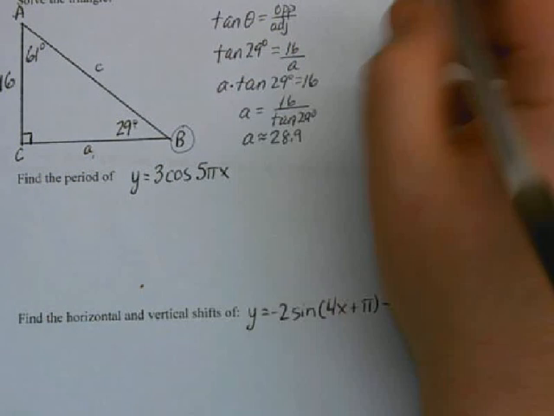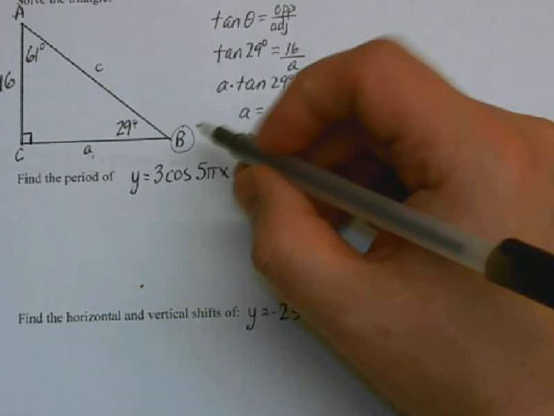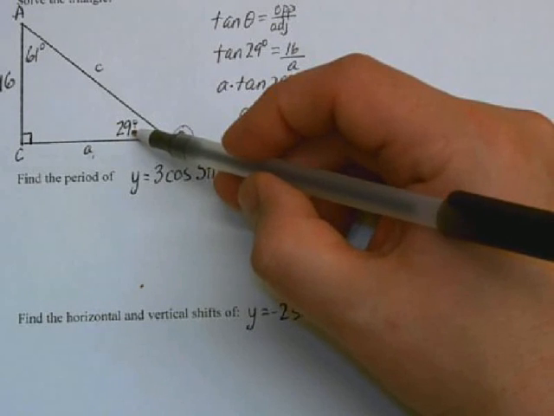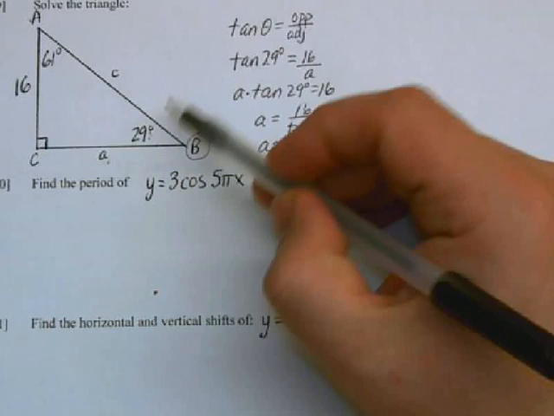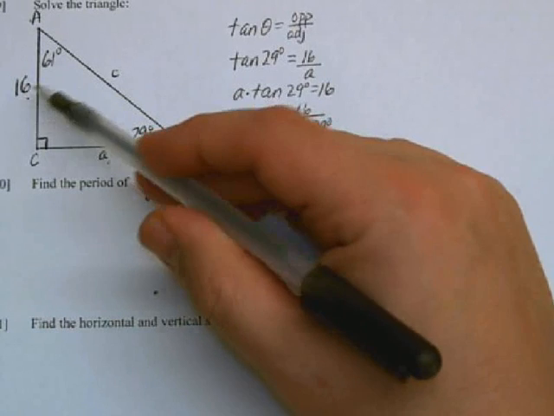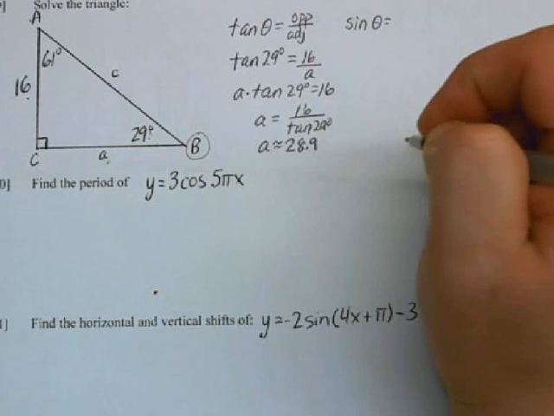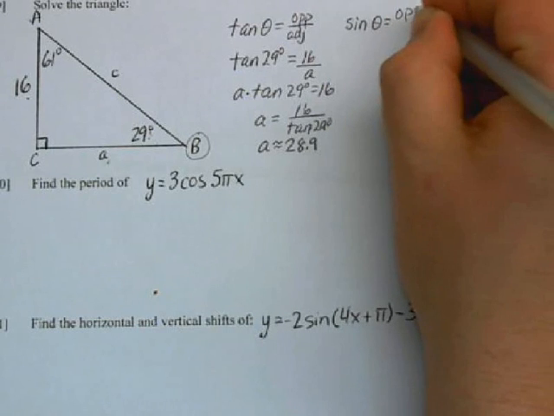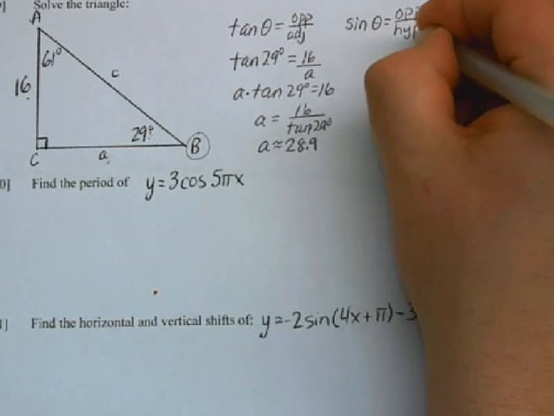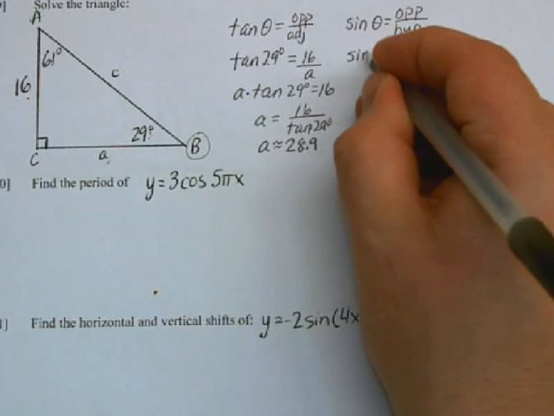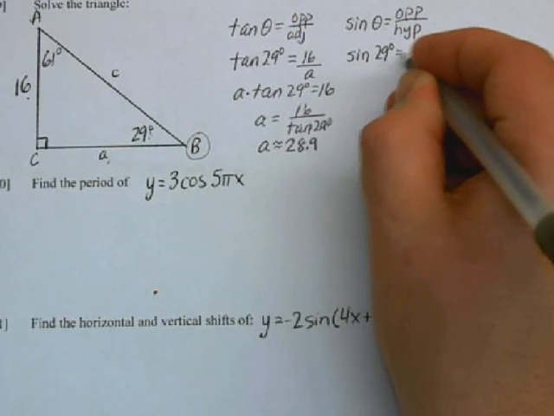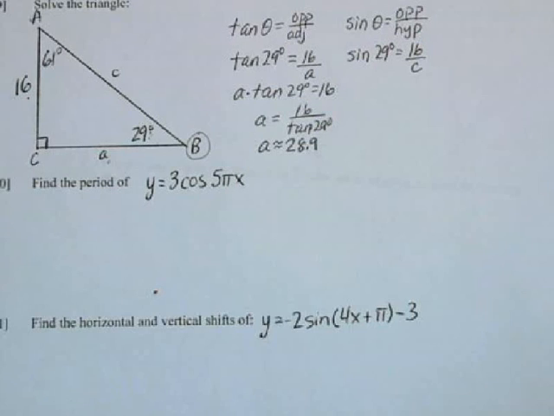Now, for the hypotenuse, if I use the 29 degree angle, I know the opposite side, and I'm looking for the hypotenuse. So I'm going to use sine. So sine of theta equals opposite over hypotenuse. So the sine of 29 degrees equals 16 divided by c.